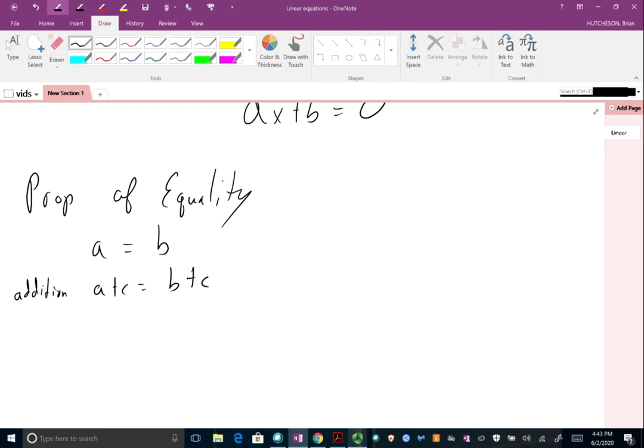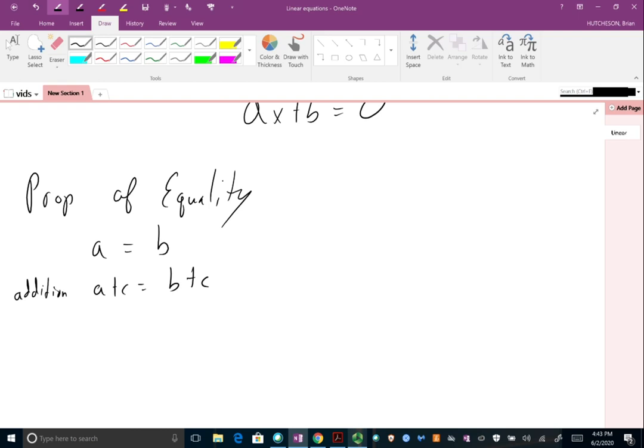As you progress, there's all sorts of stuff besides just nice little constants that we can add to both sides. But right now we're talking Math 300, Math 303, and maybe even some of our college algebra folks.